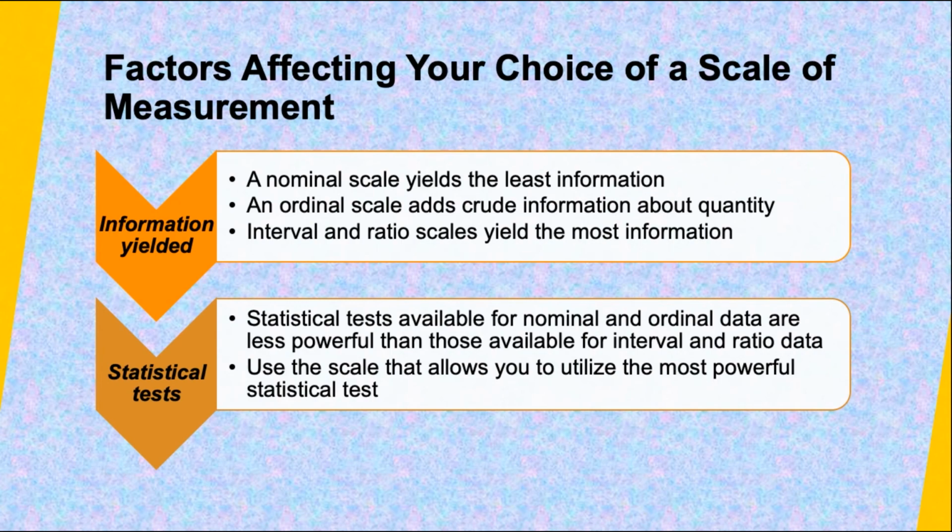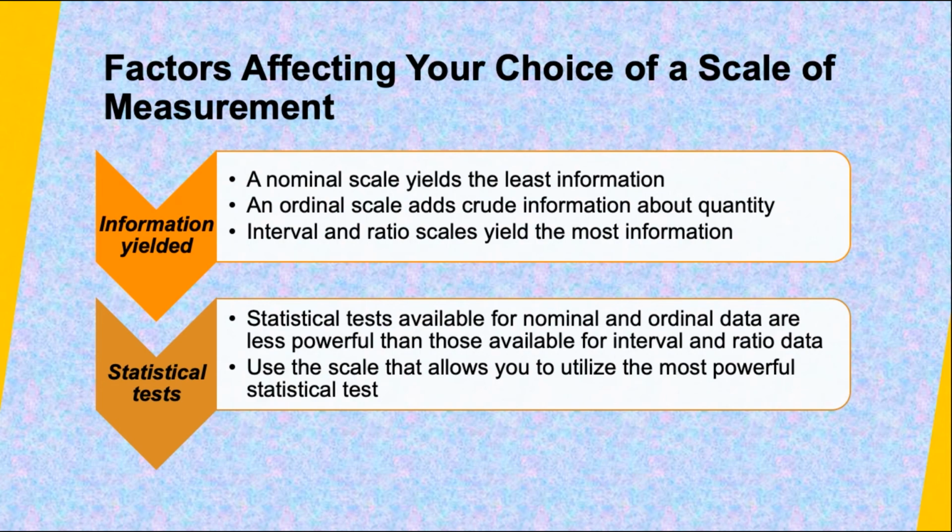One way to think about the four scales of measurement described earlier is in terms of the amount of information each provides. The nominal scale provides the least amount of information. All you know is that the values differ in quality. The ordinal scale adds crude information about quantity.